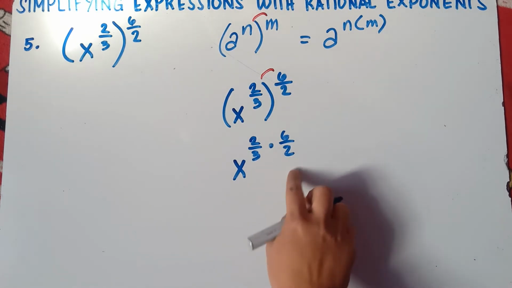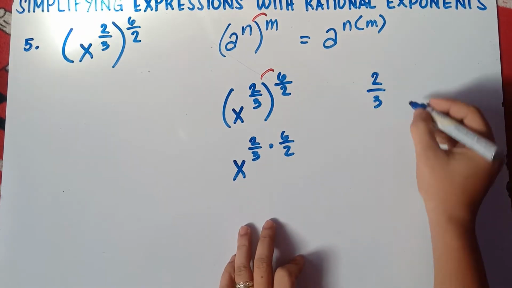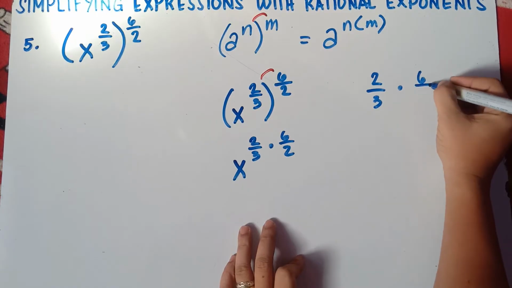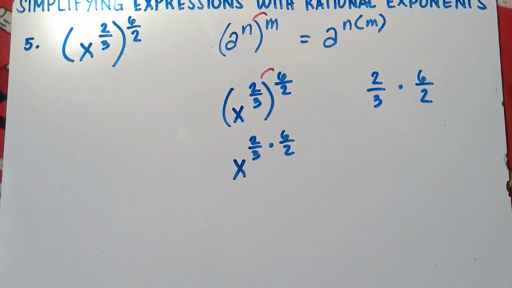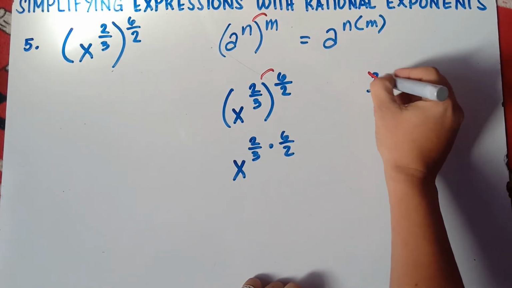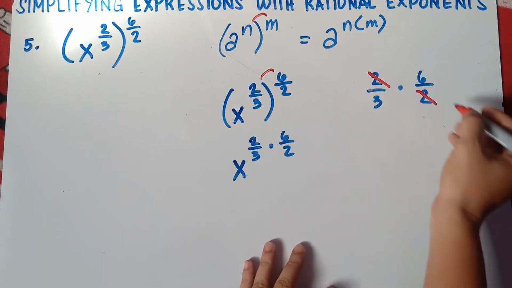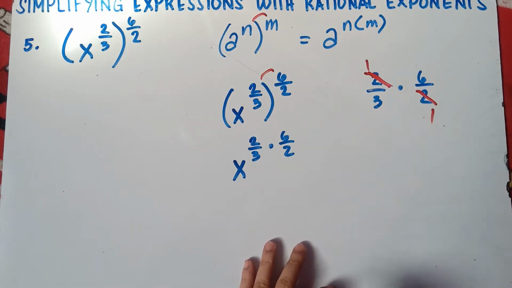So you multiply the exponent, class. So that would be 2 over 3 times 6 over 2. In this scenario, class, you can actually do the crisscross because you can divide 2 by 2, right? We can cancel this out because 2 divided by 2 is 1. This will be 1 and this will be 1.